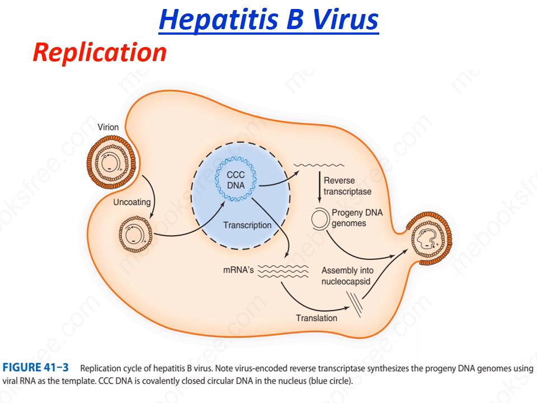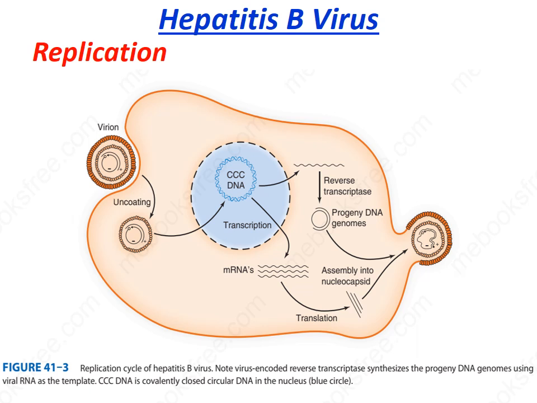This whole process occurs inside the newly formed nucleocapsid. Now the assembling of the nucleocapsid occurs, and after completion of the assembling, the progeny virus comes out of the cell by budding.